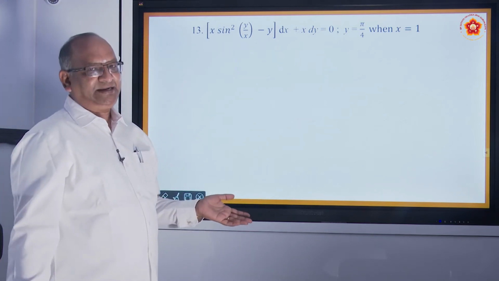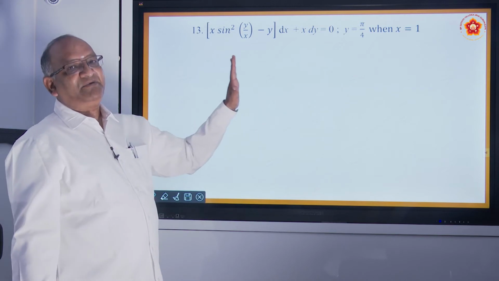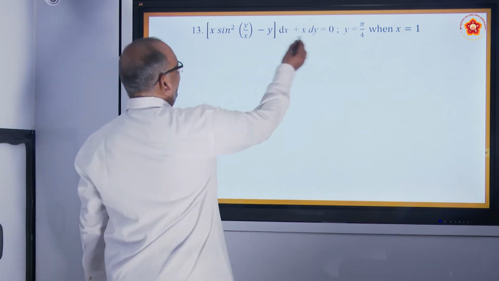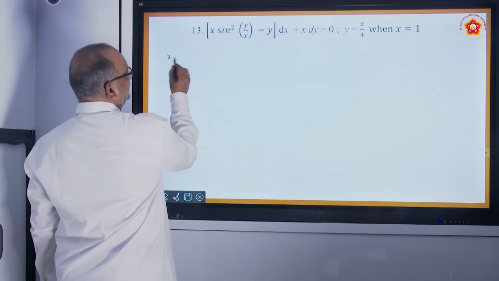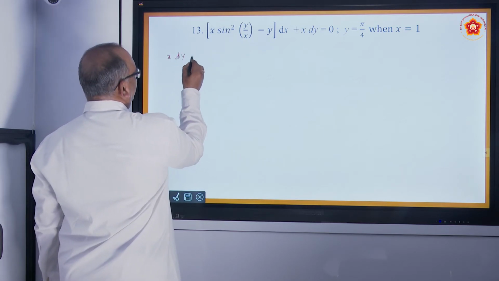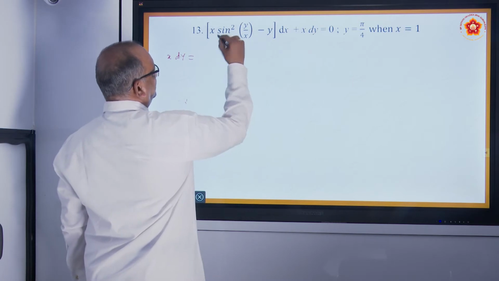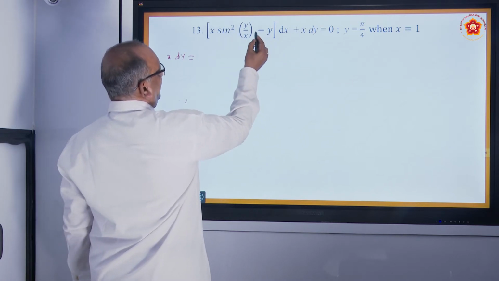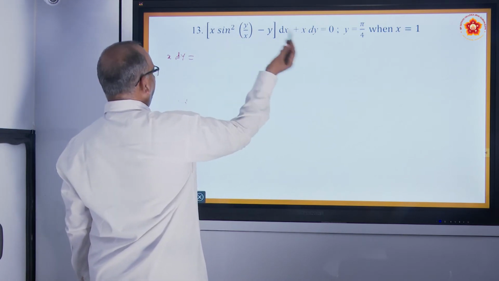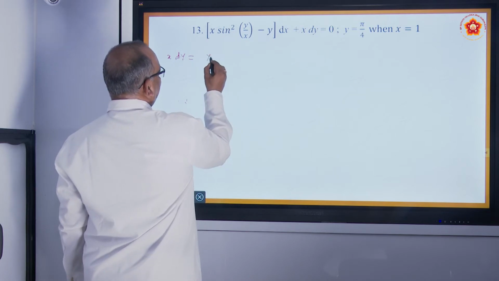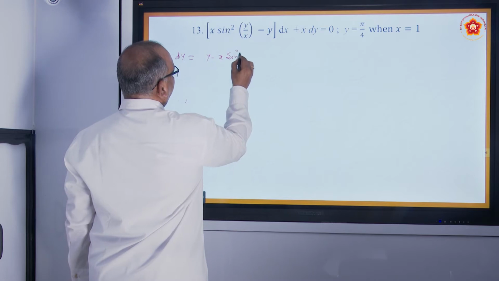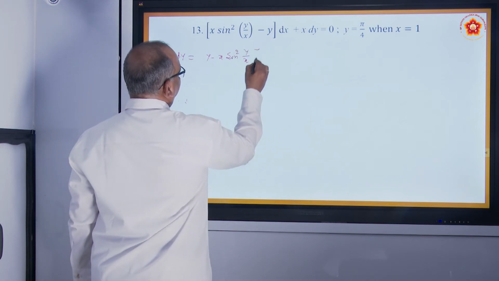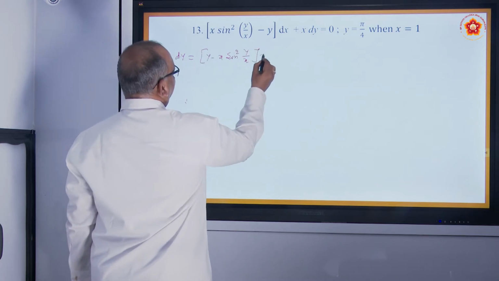Procedure is same, that is try to write it as dy by dx. So, keep the dy term this side, we can write it as x dy and shift this to that side. When you shift to the other side, minus term will become plus, plus term will become minus. So, you can write it as y minus x sin square y by x into dx.